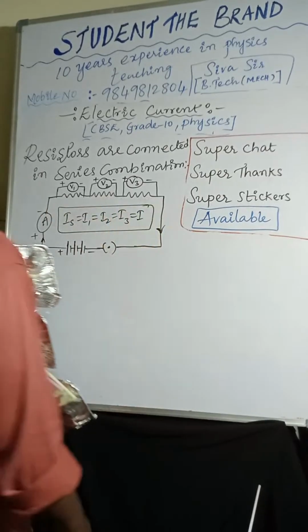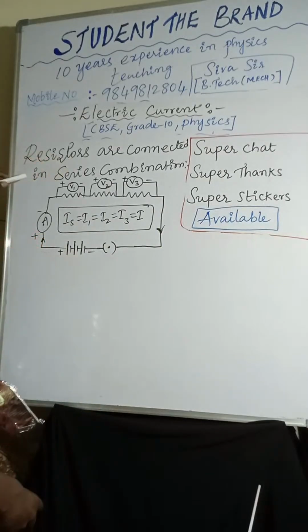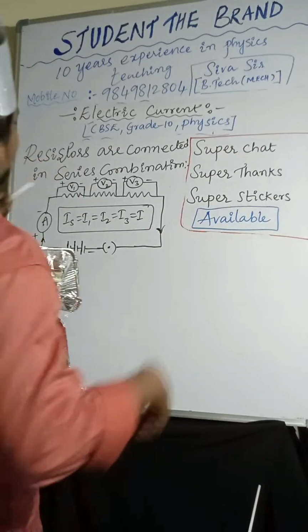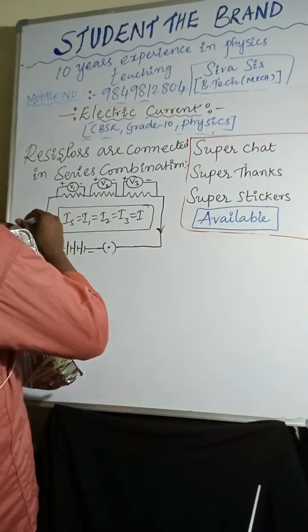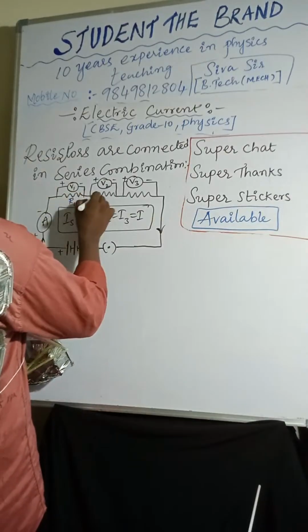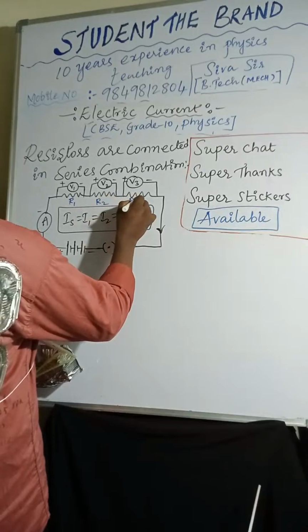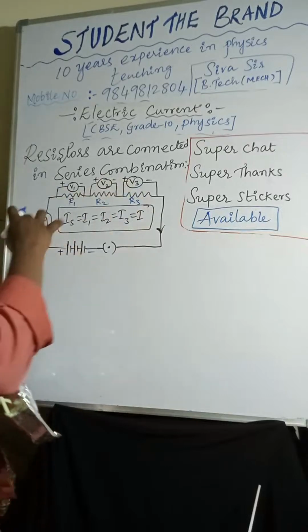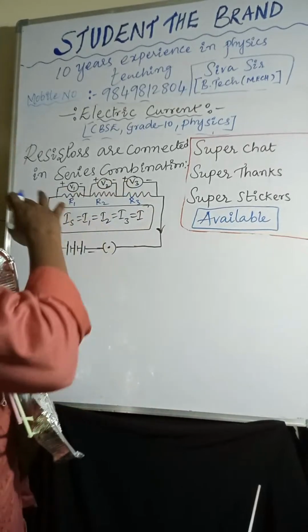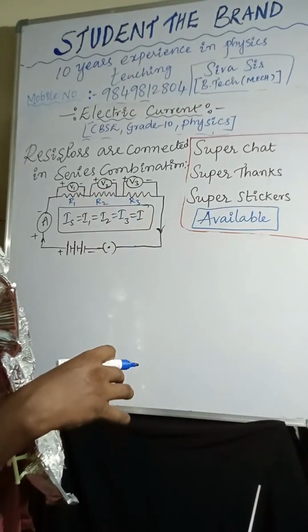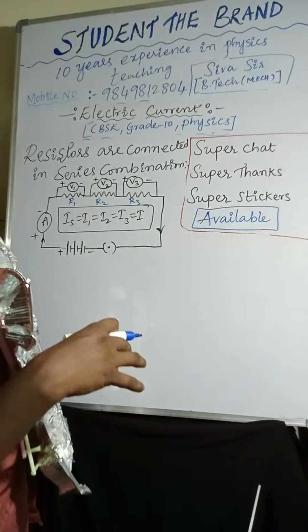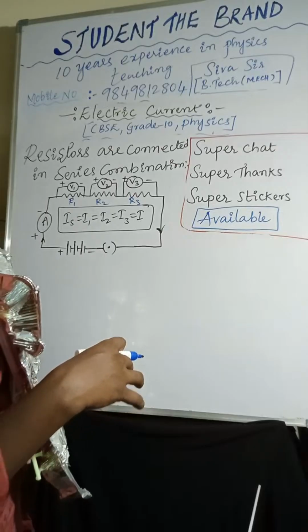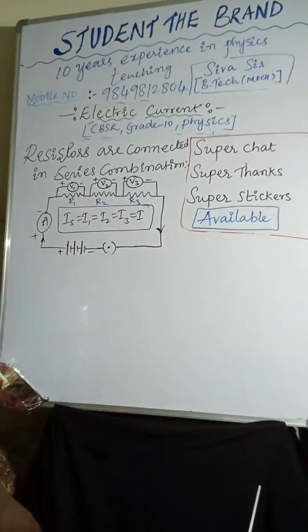Now you can observe here, resistors R1, R2, R3 are all connected in series combination.